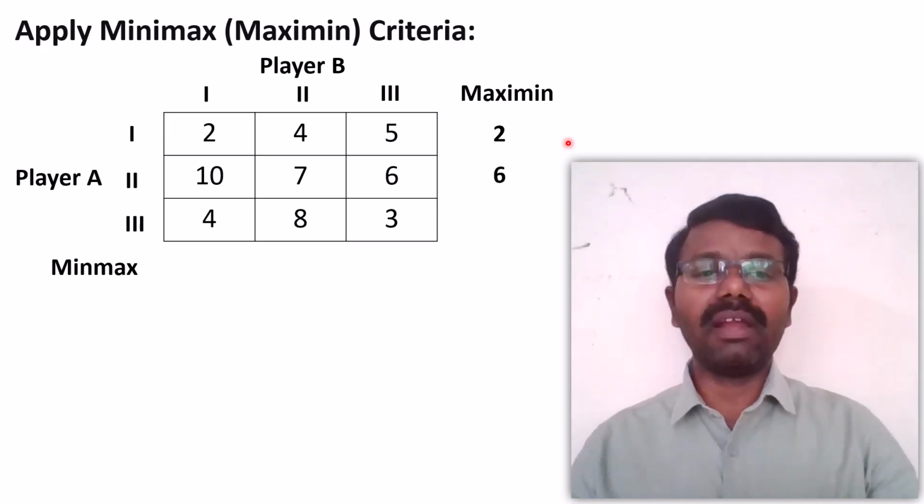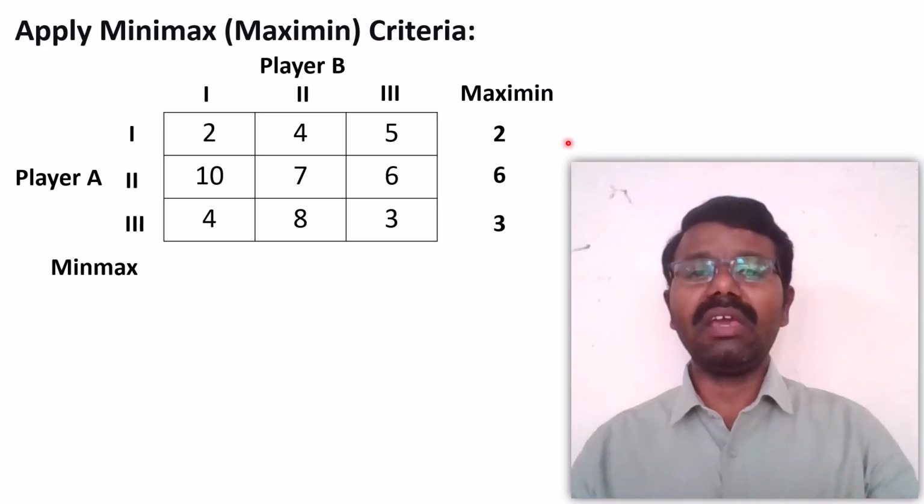In a similar manner, in the third row, 3 is the minimum value. Out of these, which one is the maximum? That becomes the maximin. Maximin means we maximize the minimum losses. Here 6 is the maximin value.